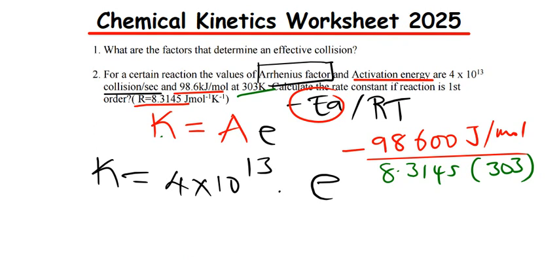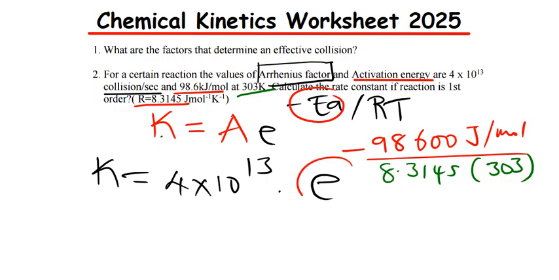So negative 98,600 divided by 8.3145, and then divided by 303. Okay, multiply.